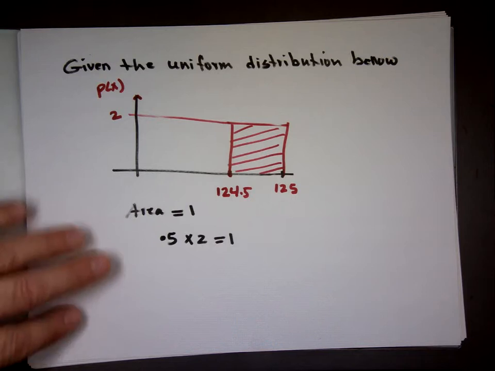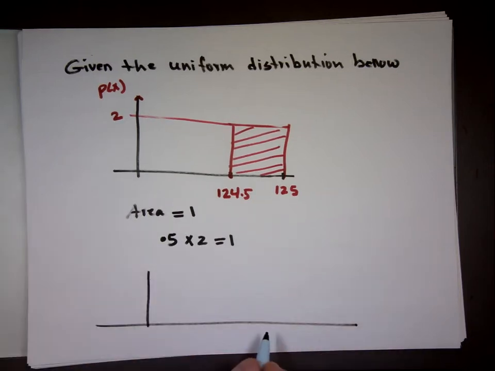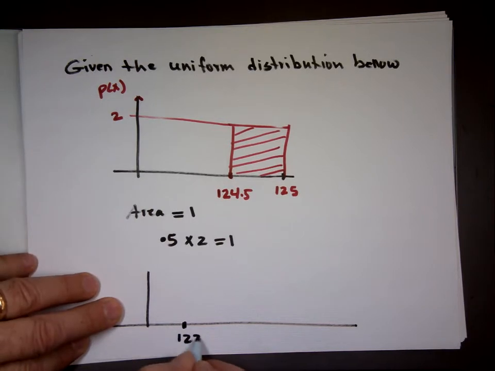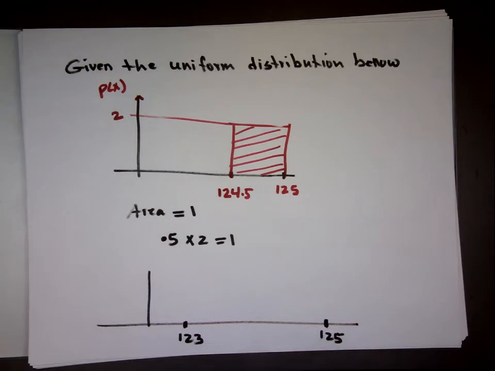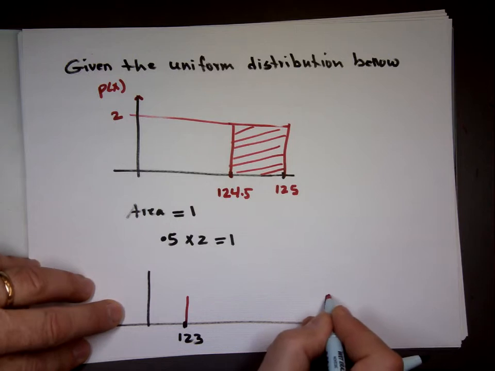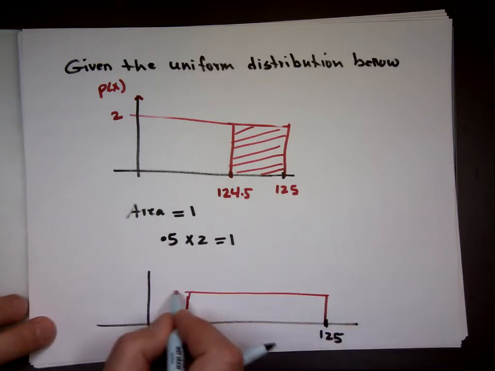When we measure the voltages, let's say the voltages happen to be, instead of between 124 and 125, between 123 and 125. As we kept measuring the voltages, we found the answer between 123 and 125.